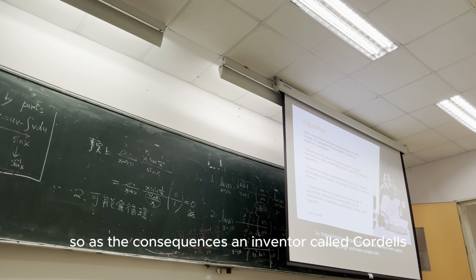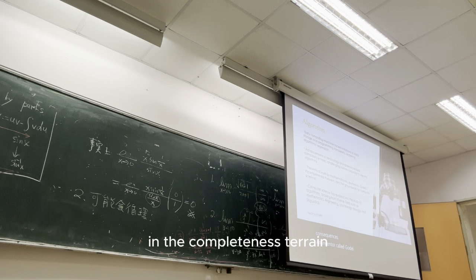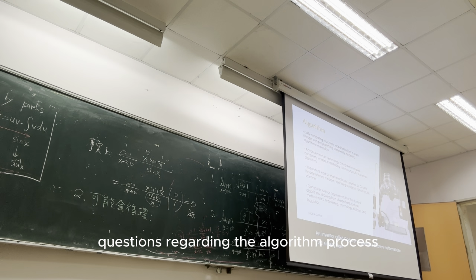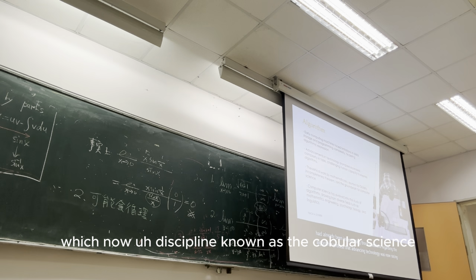So, as a consequence, following Gödel's incompleteness theorem, mathematicians had already been investigating those questions regarding the algorithm process that advancing technology was now raising, which is now the discipline known as computer science.